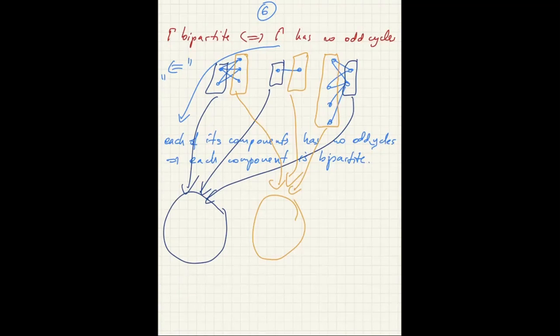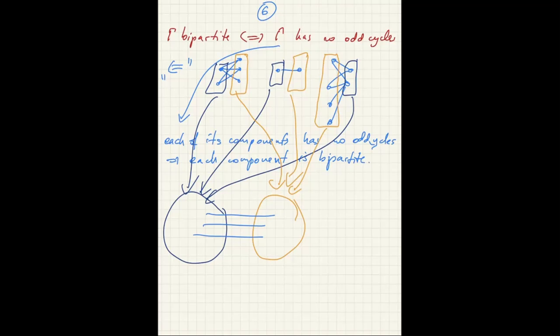So there are not going to be any edges inside the blue part. All the edges go between them, and that implies that gamma is bipartite.